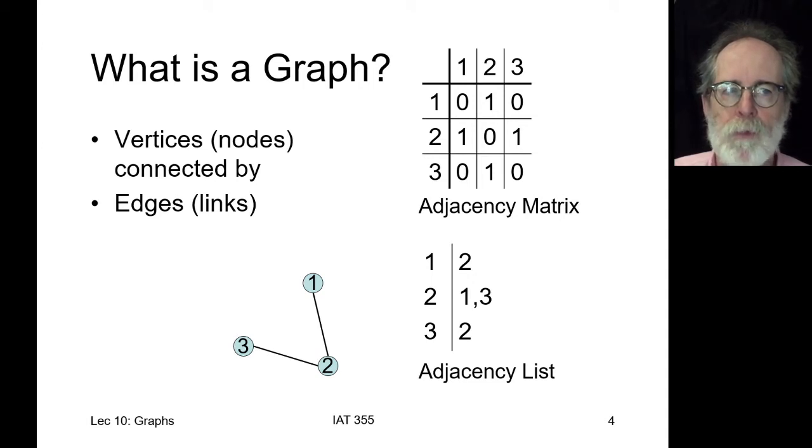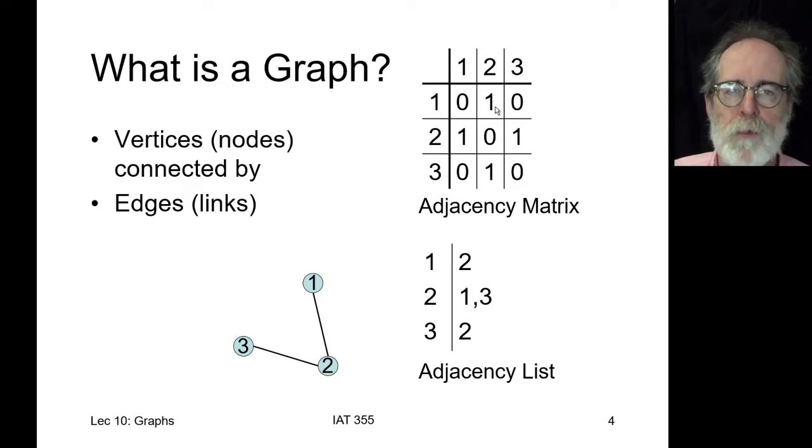They can also be represented by this adjacency matrix, and we talked about the matrix representation in lecture 9.5. Across the top is the list of vertices or nodes, and down the side is the same list of vertices or nodes. And 0 is on the diagonal, indicating there's no connection from a node to itself.